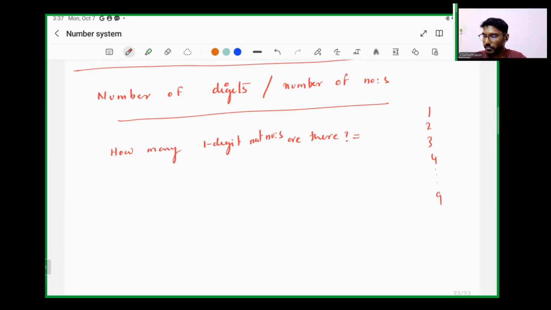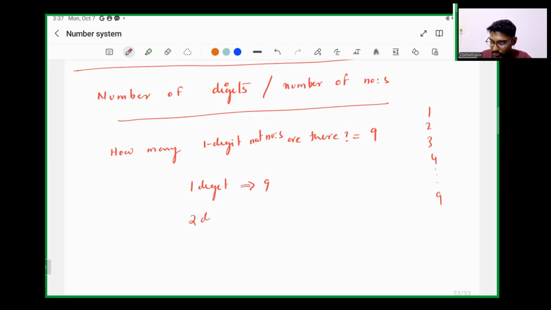Just count and tell me. Yeah, 1, 2, 3, 4, 5, 6, 7, 8, 9. Right? Natural numbers, so don't count 0. 0 is also a one-digit number, but I am talking about natural numbers. So start from 1. So 1 to 9, there are 9 numbers. So one-digit numbers, in total we have 9 numbers.